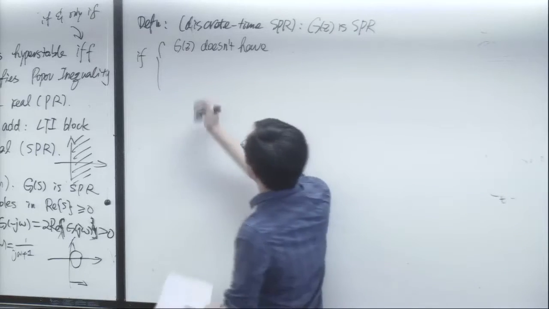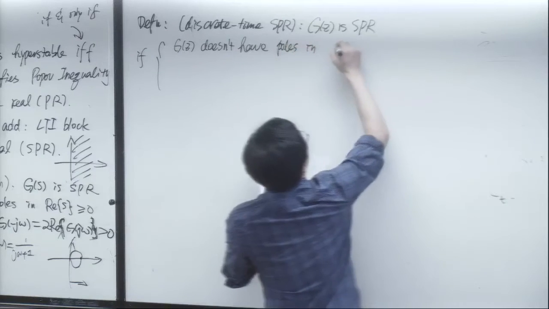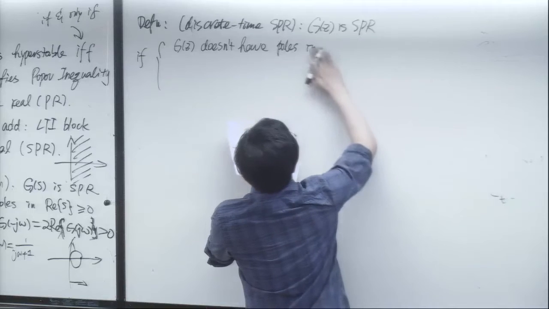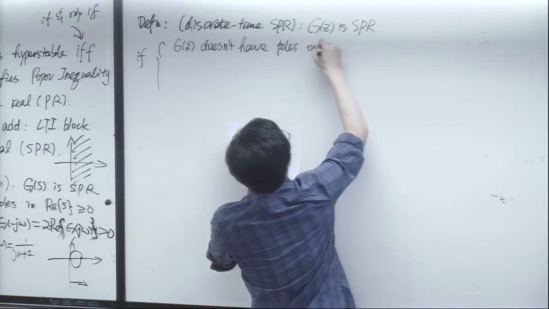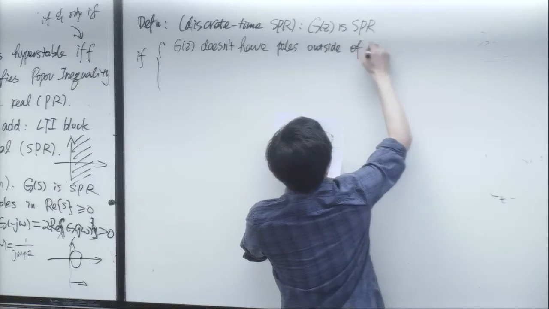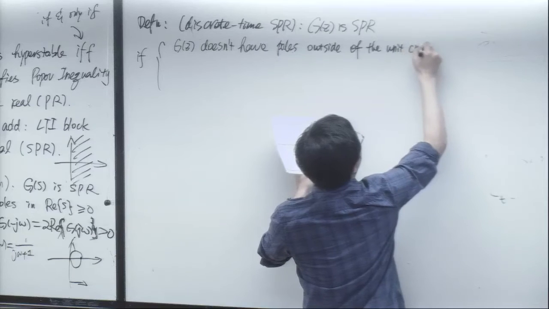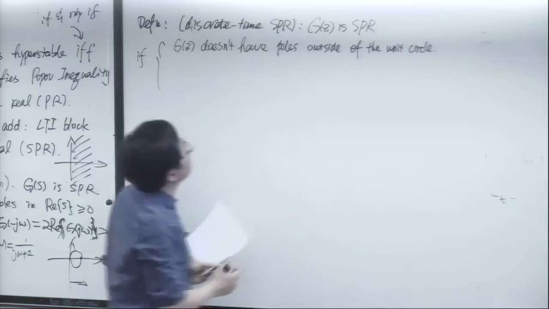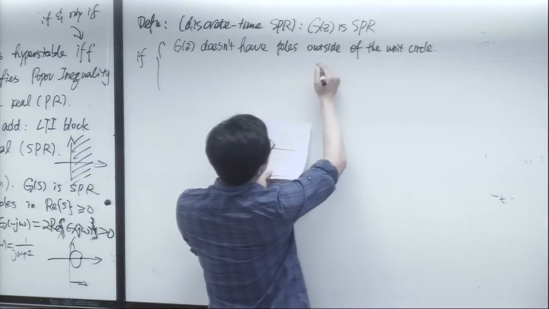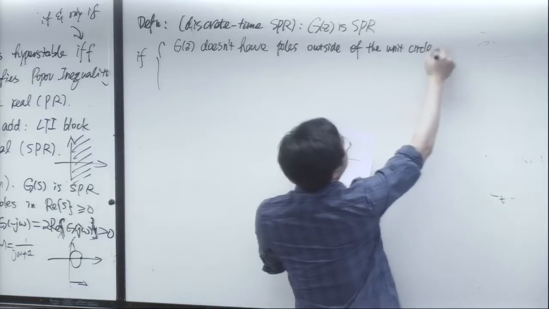So for discrete time systems, unstable poles are strictly outside of the unit circle.